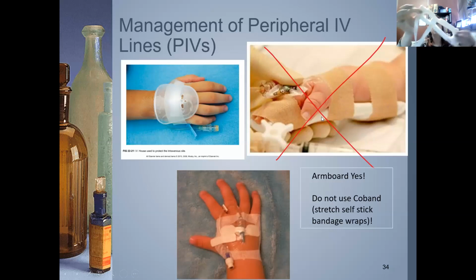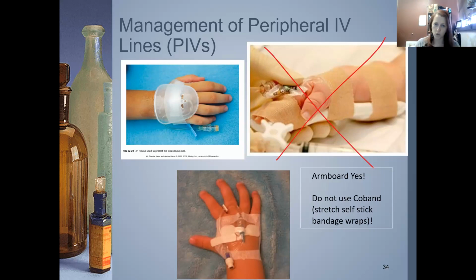This is another type, a hand one that goes on like this. Then you've got the tape that goes around the fingers, one around the hand, and another around the forearm. These are stretchy so that they don't occlude and aren't tight against the skin.